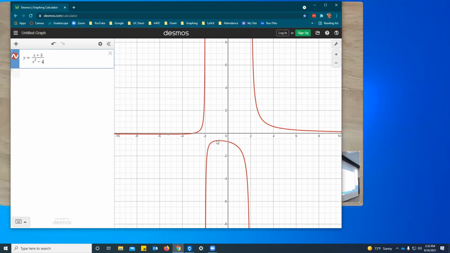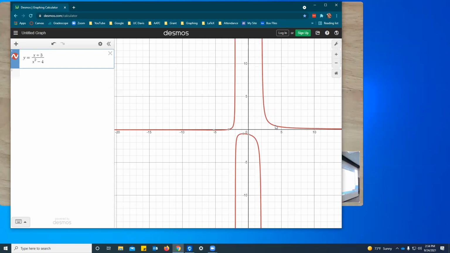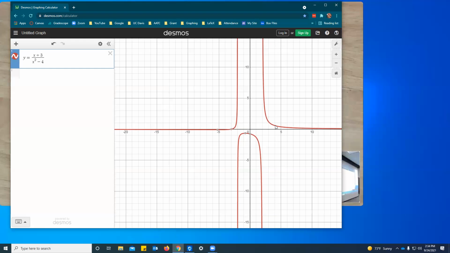So I can see looking at this graph, and this value does not say anything to me. That's probably some irrational number. I don't know what it is really. But if you wanted to use this graph to say what the range was, you can zoom out a little bit. It looks like the range is everything from negative infinity up to this y value here, negative 0.655.